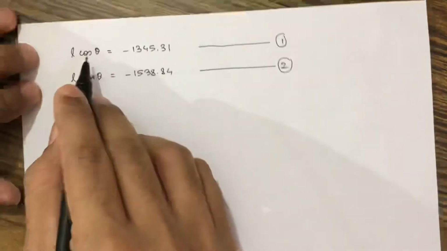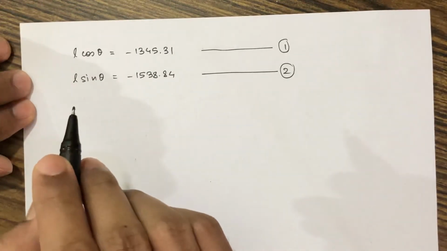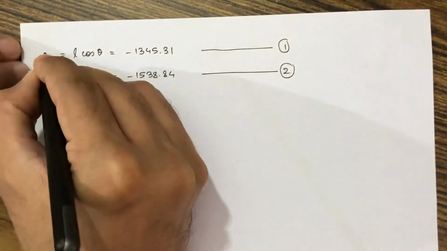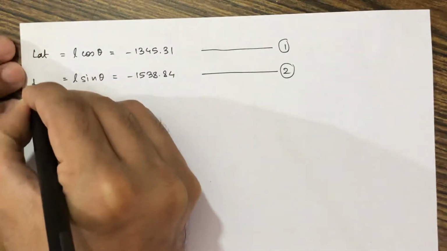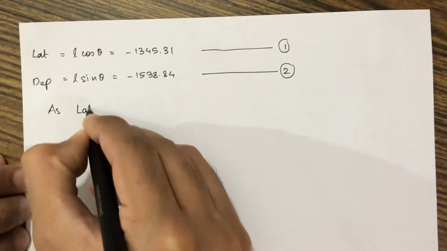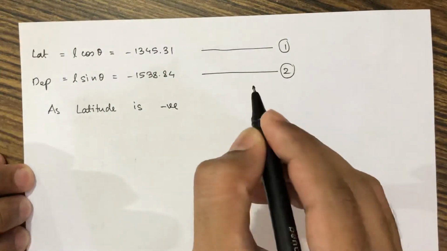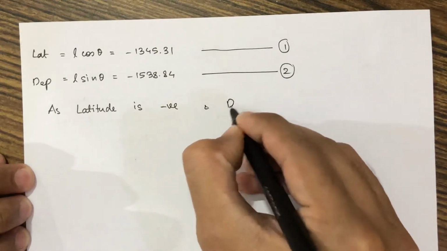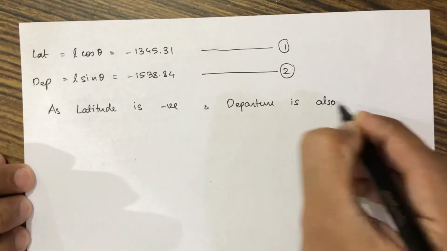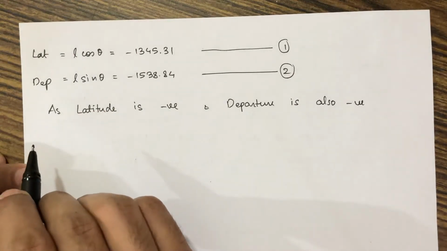Here L cos theta is denoted by the latitude and L sin theta is denoted by the departure. As this is the latitude and this is the departure, latitude is negative and departure is also negative.